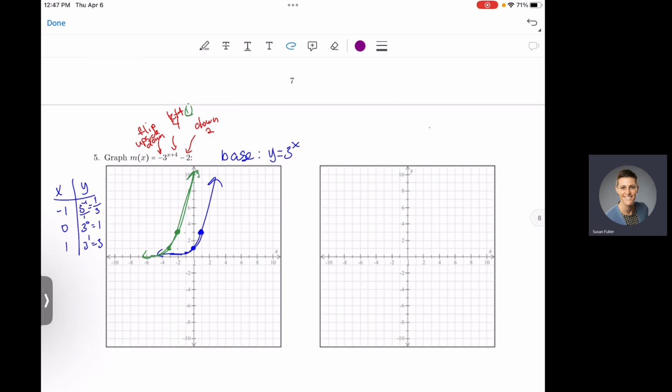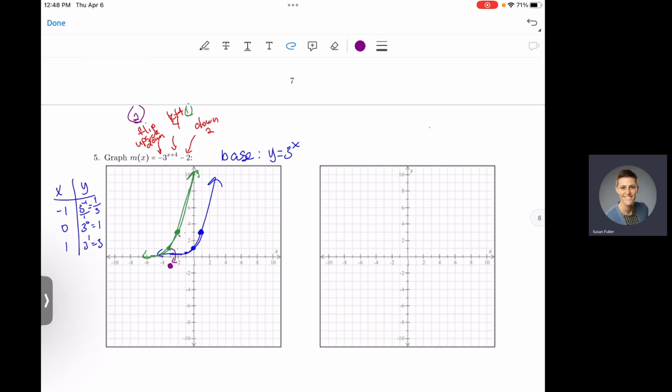The second thing that we have to do after we go left 4, the next thing we do, flip this thing upside down. So I'm going to go from the point -3, 1 to -3, -1. I'm taking this point and I'm flipping it upside down across the x-axis. And I have a point at -2, 3.